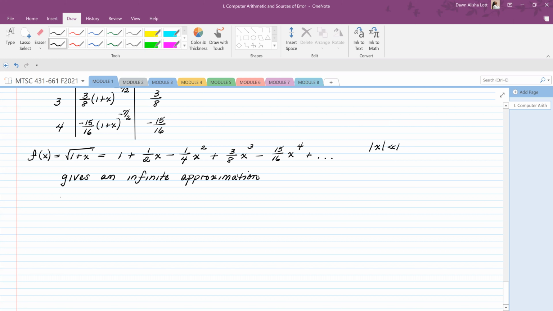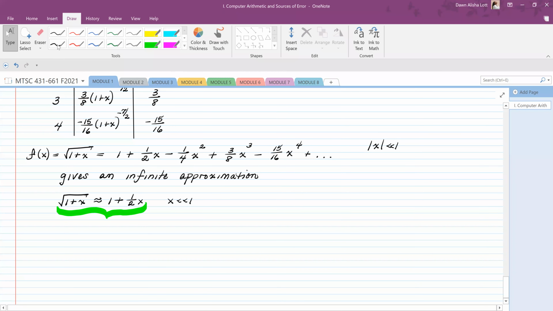Okay. And the square root of 1 plus x is almost 1 plus 1/2 of x when x is really, really small. So this piece right here is what we call a mathematical truncation for this function.